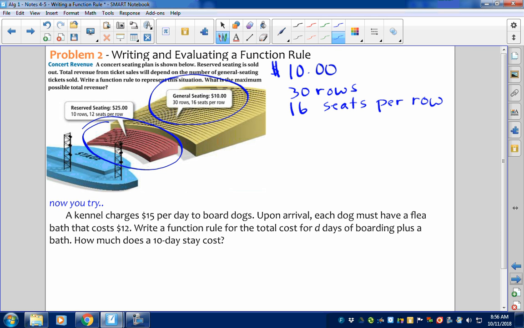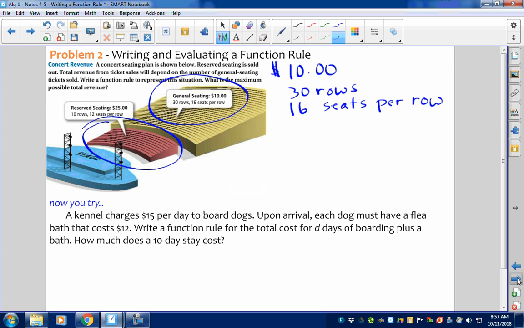It says the total revenue from ticket sales will depend completely on the number of general seating tickets sold. So we're just going to write an equation for the general seating tickets and not worry about this fixed amount for the reserved seating. We're going to call that a wash. Just say that that covers the overhead, covers the cost of bringing whoever's coming there. So at least that's how I interpreted it.